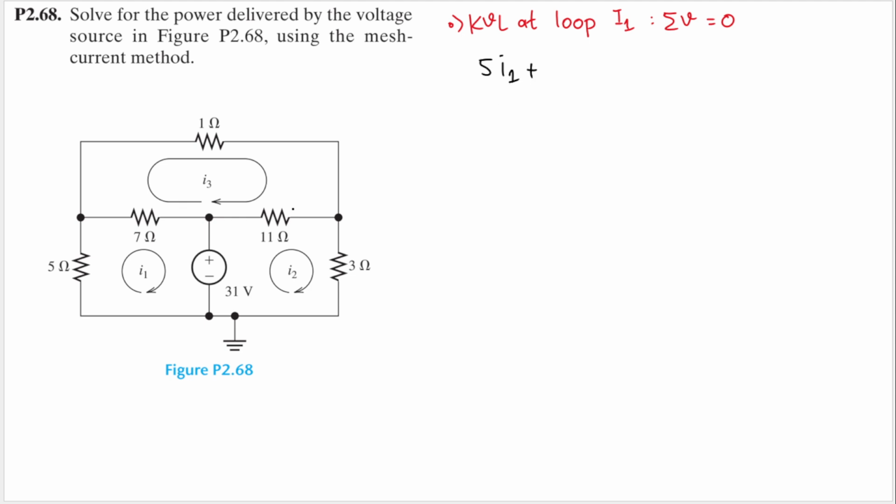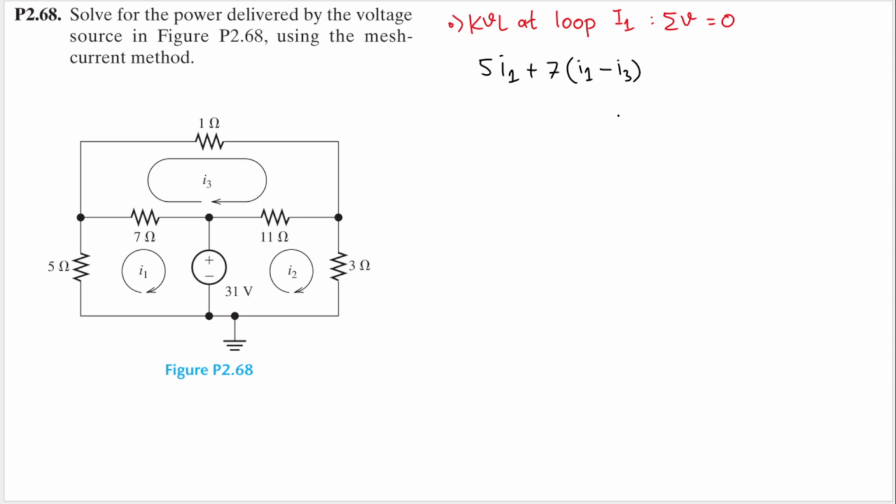And then let's move on to this 7 ohm resistor. So I will have 7 there. Now we are working in loop I1, so the current that passes through it is I1. However, I3 is flowing in the opposite direction from I1, so I will have minus I3.